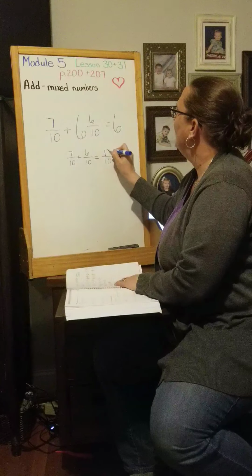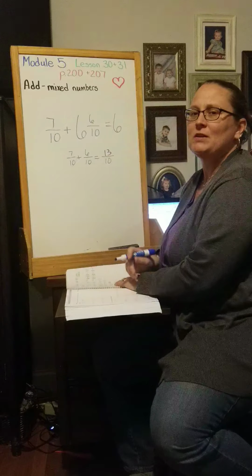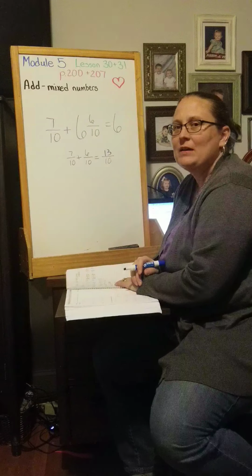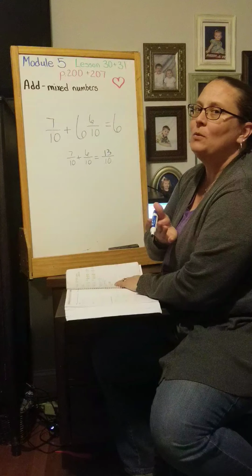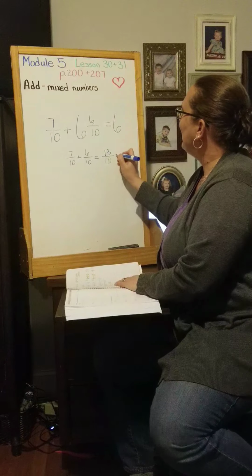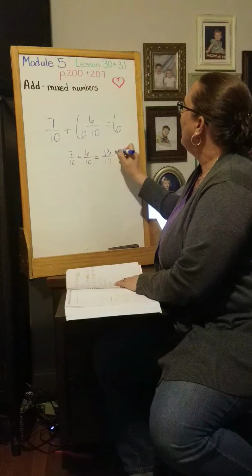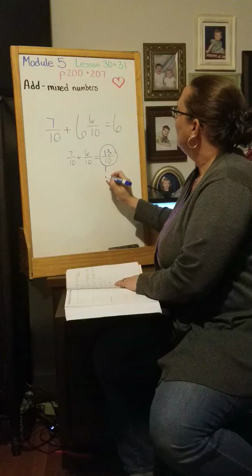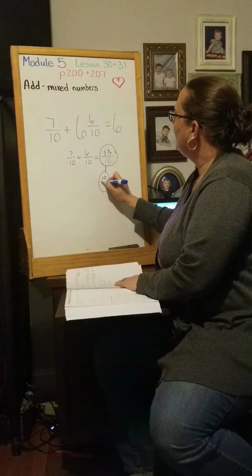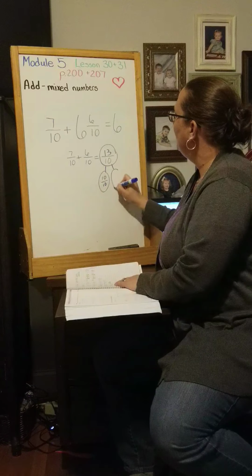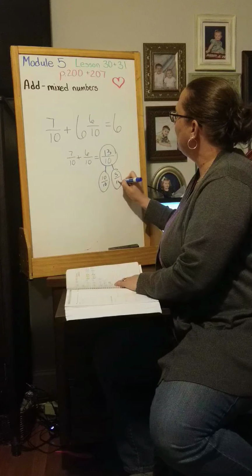13. Well, we know if we have 13 tenths, that's greater than a whole. So 13 tenths, and again, if you need to go back and draw your whole, that's 10 tenths. And then you have 3/10, right?